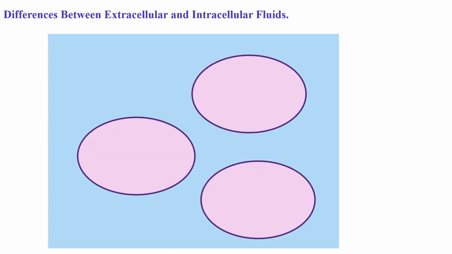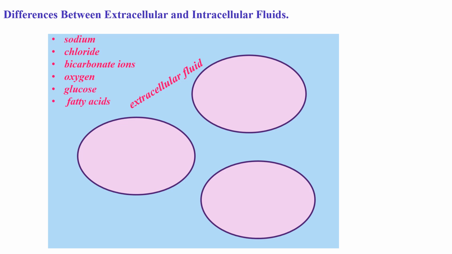There are some differences between extracellular and intracellular fluids. The extracellular fluid contains sodium, chloride, and bicarbonate ions. It also contains nutrients for the cells like oxygen, glucose, fatty acids, and amino acids.